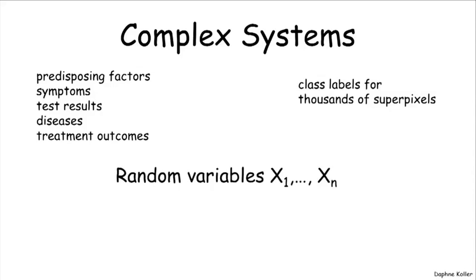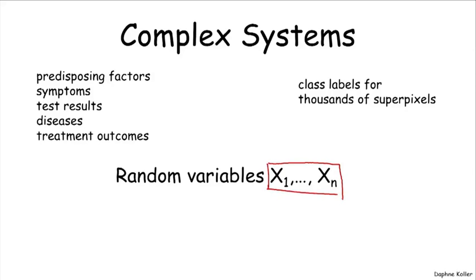And so in order to capture probability distributions over spaces involving such a large number of factors, we need to have probability distributions over what are called random variables. And so the focus of this class, and what we'll do for most of it, is to think about the world as represented by a set of random variables, x1 up to xn, each of which captures some facet of the world.